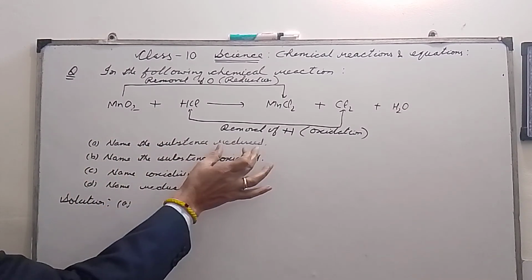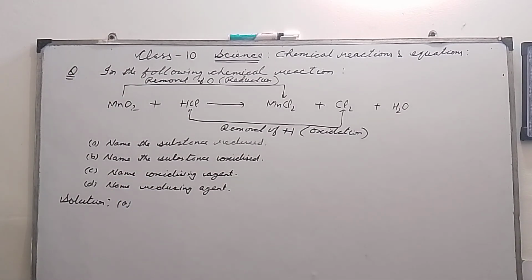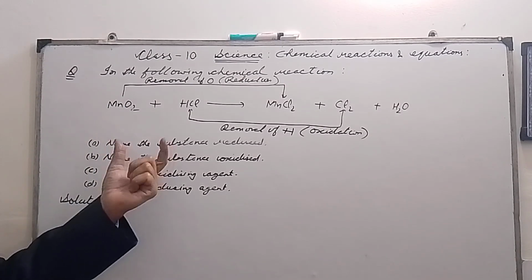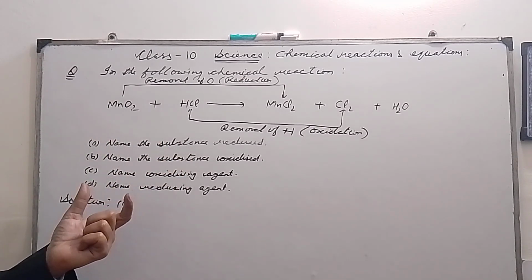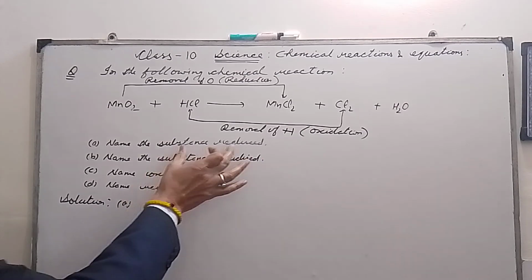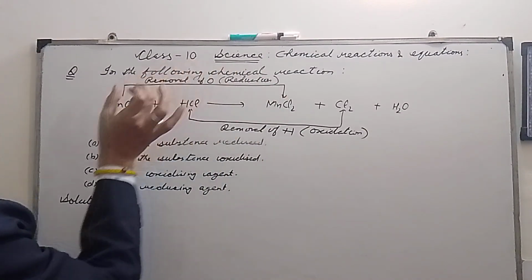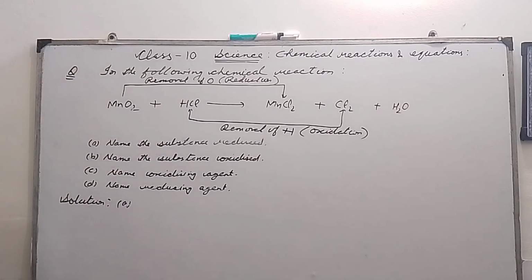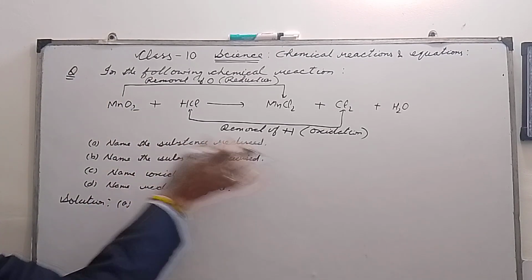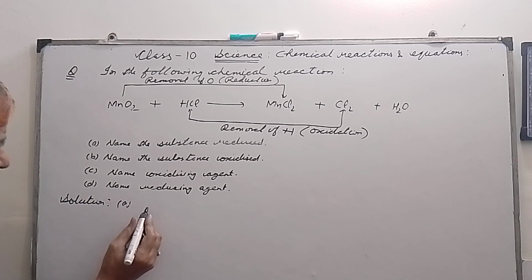Name the substance reduced. To locate the substance reduced, what do we see? We see which substance is reduced in the reduction. It is manganese dioxide. So the substance reduced is manganese dioxide.